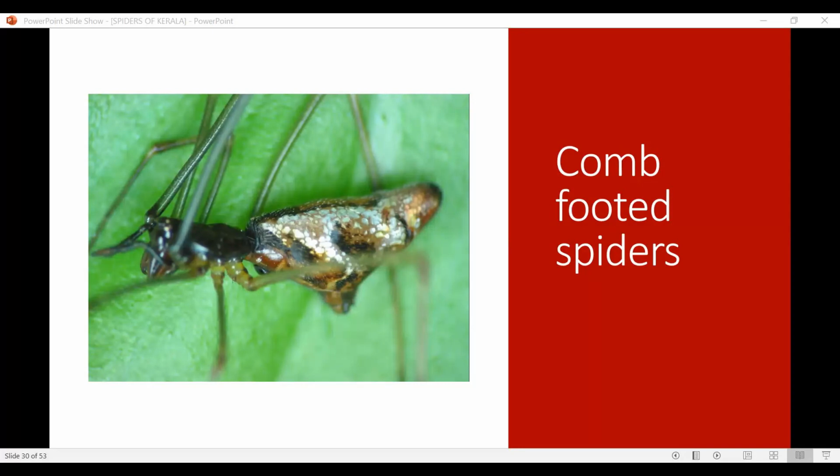After wrapping the prey with the silk, they bite. So this comb is characteristic. In order to identify this family, you first look at the fourth leg, whether this comb is present. If the comb is present, most of the time it belongs to the family Theridiidae.